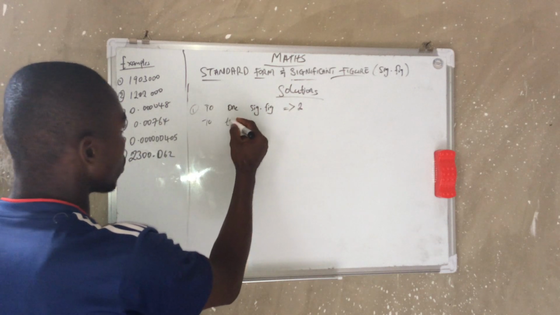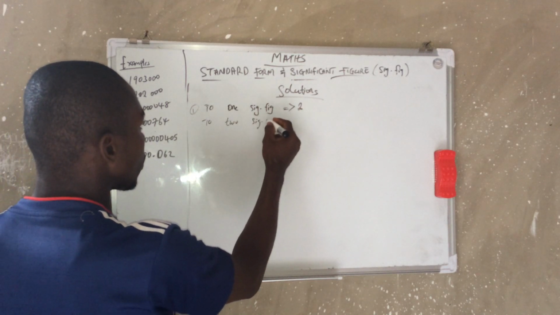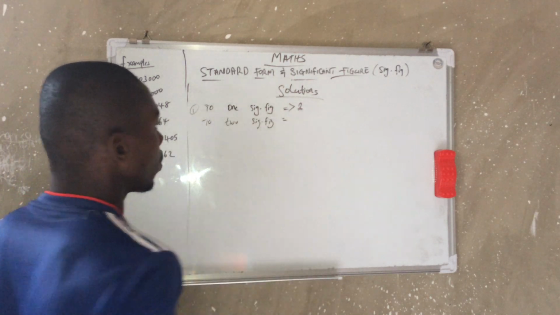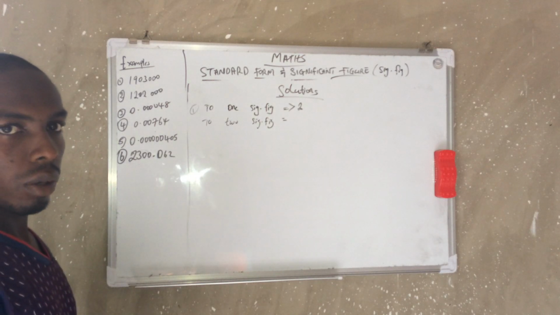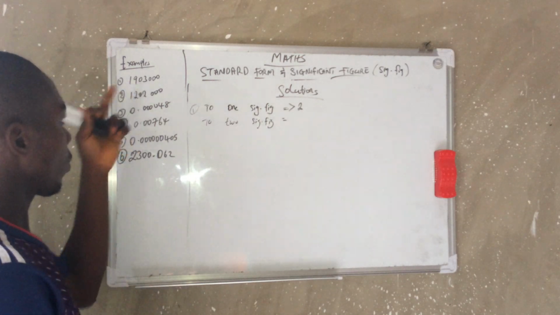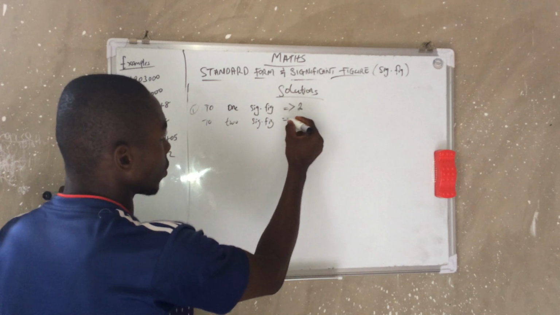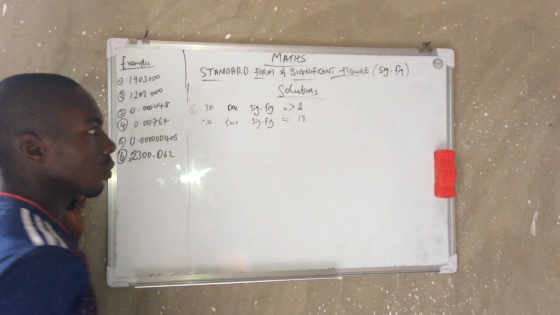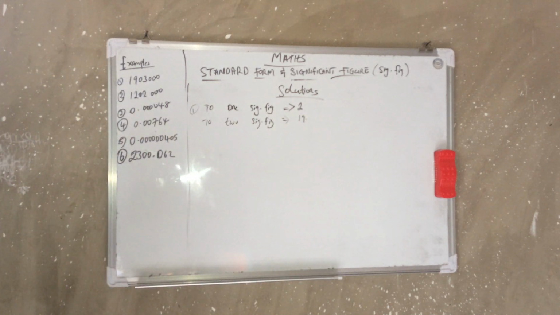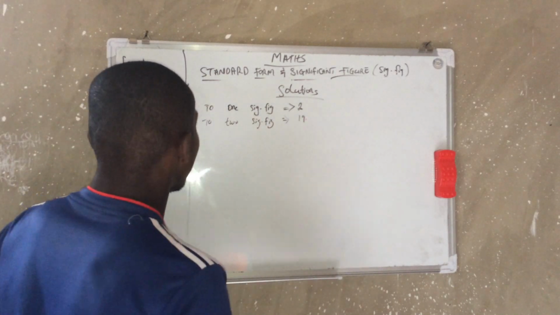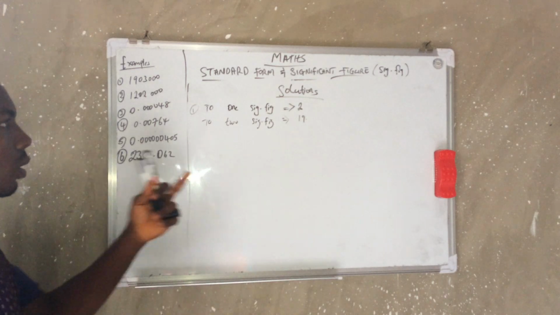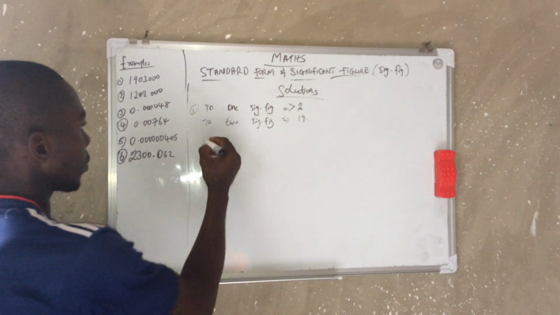Now to 2 sig fig, what do you have? 1, 9, and so on and so forth. Now, let us change it to what? Standard form.